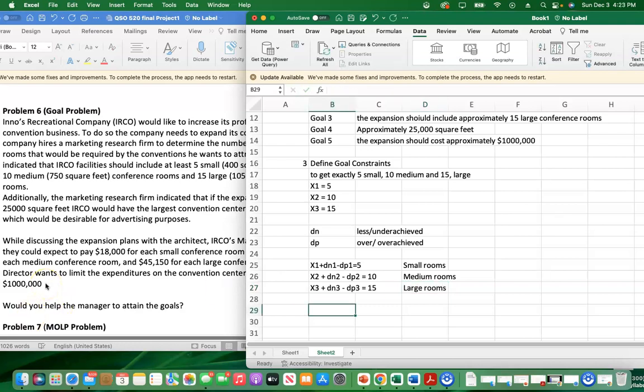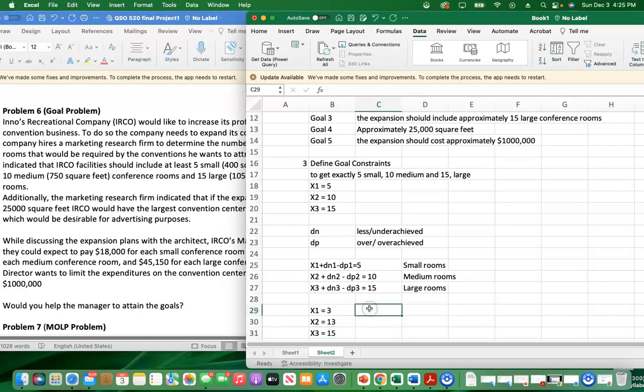So let's see how deviation variables work. Suppose we have a solution where x1 is 3, x2 is 13, and x3 is 15. So let me write it. These are the solutions: x1 equals 3, x2 equals 13, and x3 equals, let's say, just 15.